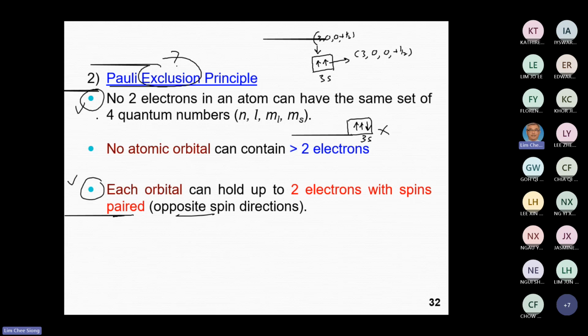Or you can write only one. Maybe the question gives 2 marks, this one is 1 mark, another mark over here. Okay, this is under the Pauli exclusion principle. So once again, if 3s has electrons with the same spin, please write down 2 answers: answer number 1 and answer number 2. Any question? No? Okay, now we proceed.